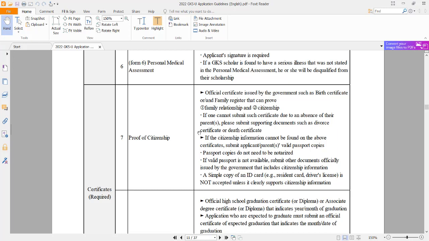So the first priority will be birth certificate, then some national ID card, passport, election ID card, and family register. These things are important documents. But in my personal suggestion, try for the birth certificate and get it as soon as possible.